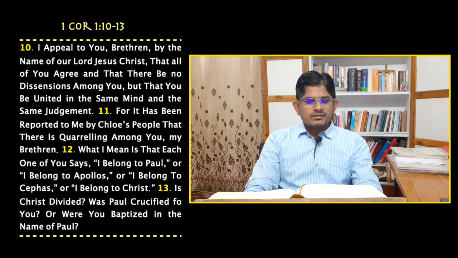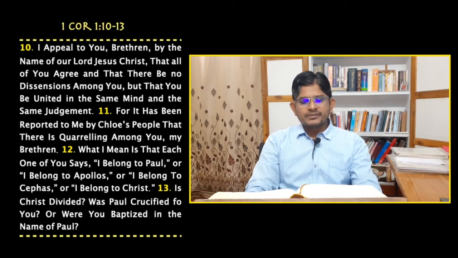Verse 11. For it has been reported to me by Chloe's people that there is quarreling among you, my brethren. Verse 12. What I mean is that each one of you says, I belong to Paul, or I belong to Apollos, or I belong to Cephas, or I belong to Christ. Verse 13. Is Christ divided? Was Paul crucified for you?